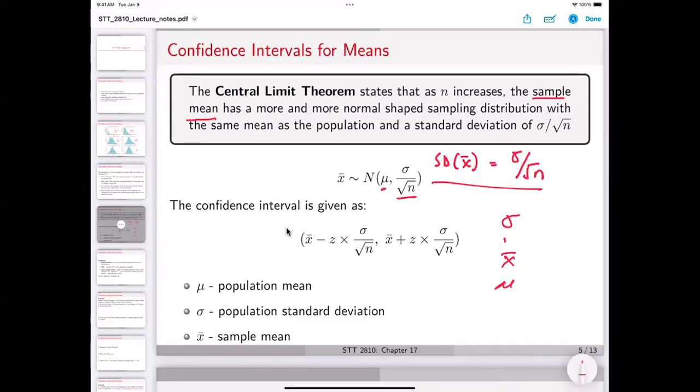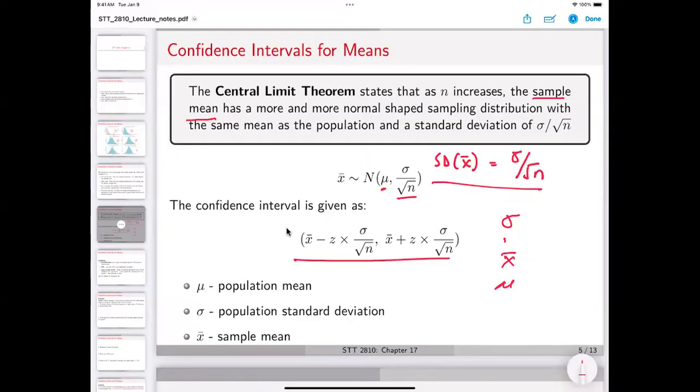And also, when we know the population standard deviation, we are always going to estimate the confidence interval using the z. So the confidence interval for the sample mean is given by this. You could also write that down. And then this z here is the critical value, and we are going to read this z from the distribution.